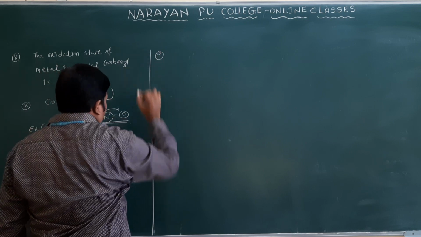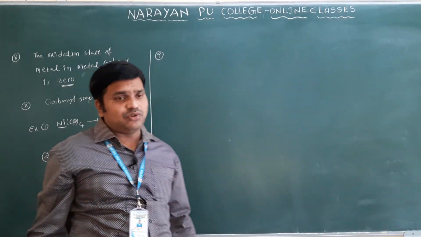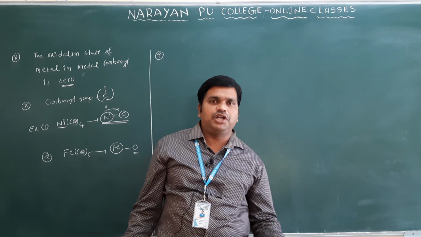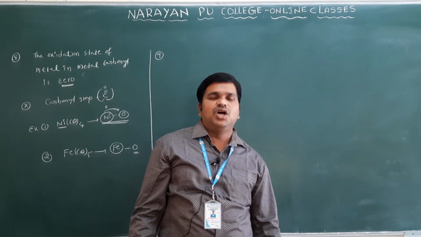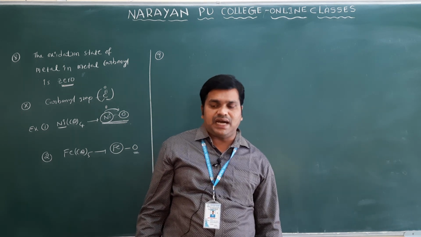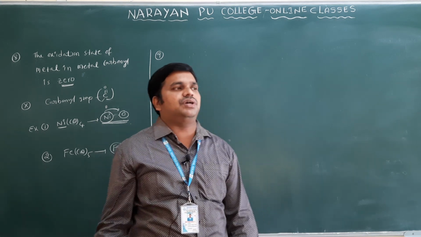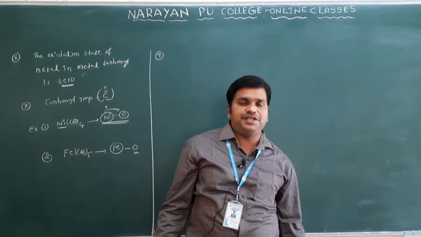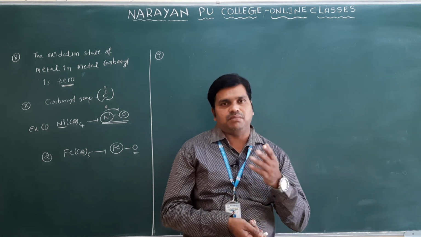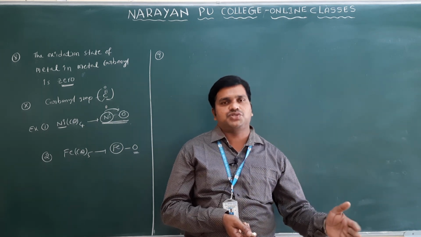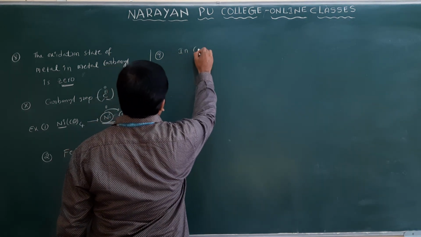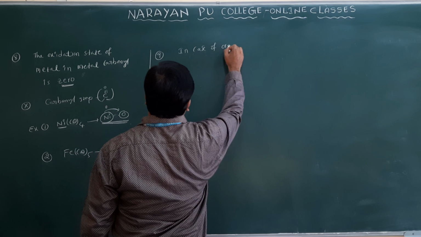The next one: organic compounds are the compounds made up of carbon, hydrogen, along with some electronegative elements like oxygen, sulfur, nitrogen. Those we call organic compounds only. In case of organic compounds, carbon generally shows oxidation state from -4 to +4 only: -4, -3, -2, -1, 0, +1, +2, +3, +4.